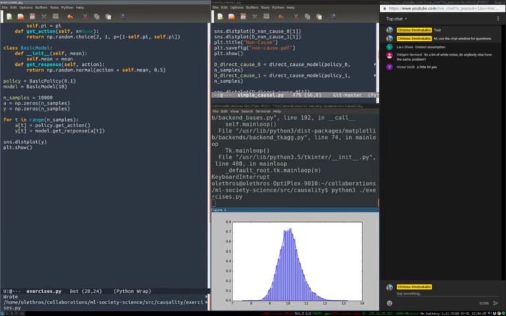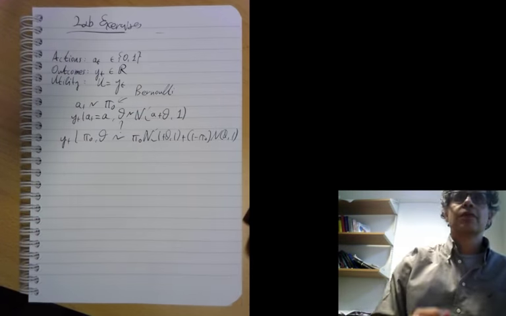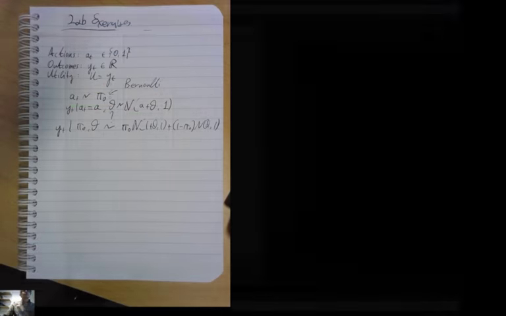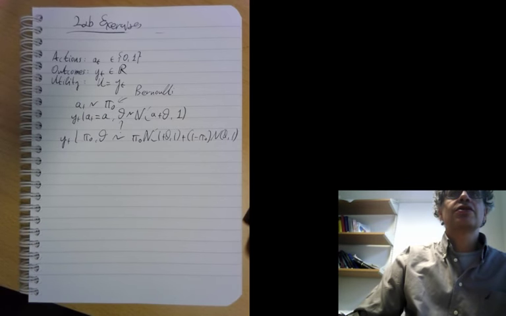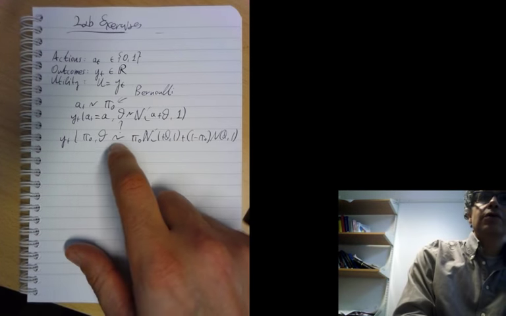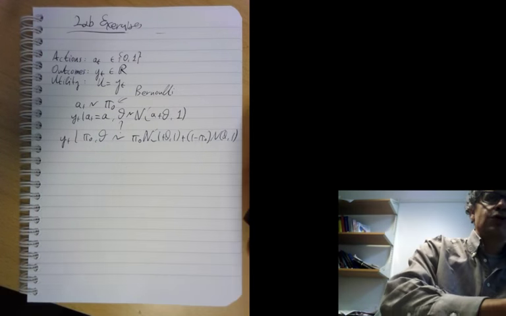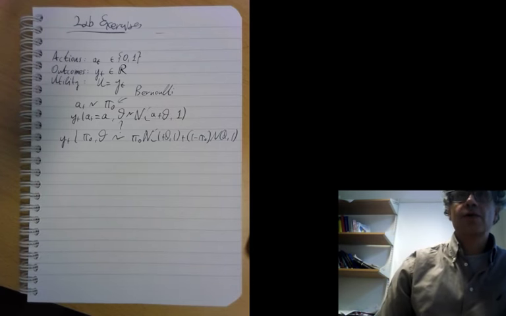Now what we need to do, we need to estimate theta, right? And what we know about the model is that what we observe depends on a plus theta, right? So we can do a small trick here for estimating theta. Can someone guess what the trick is?